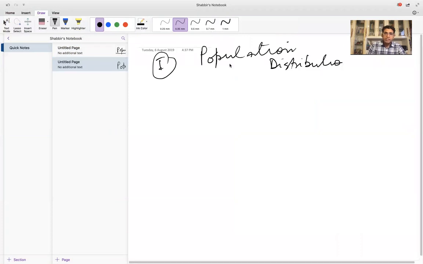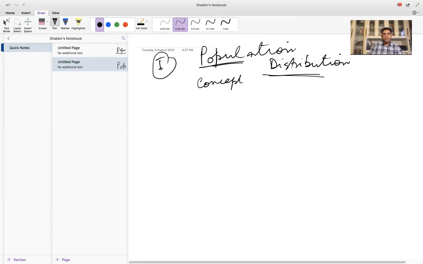I have discussed this concept in the enrichment sessions last year, but because not all of you were part of the sessions, I'm repeating it. Of course, we'll have some enrichment on this also. So I'm discussing the concept here. The concept of population distribution.